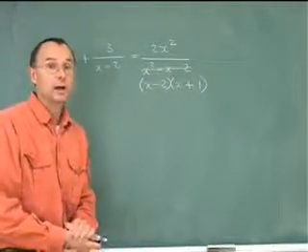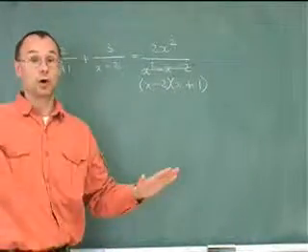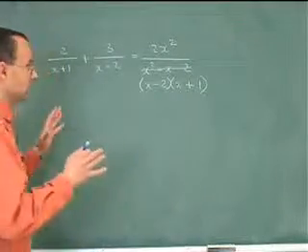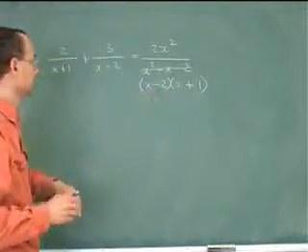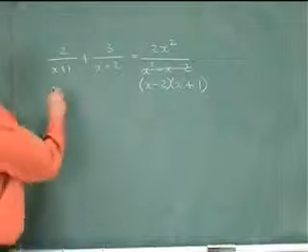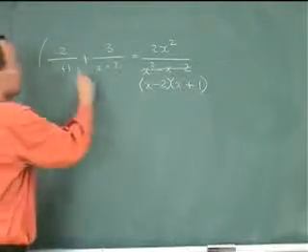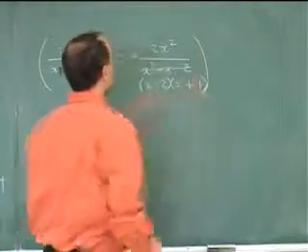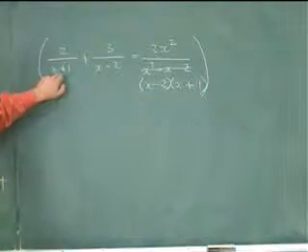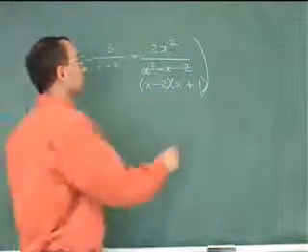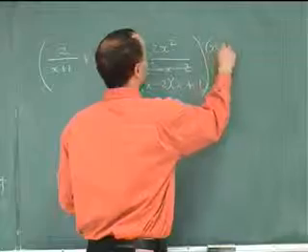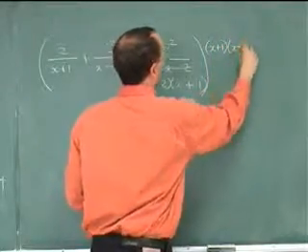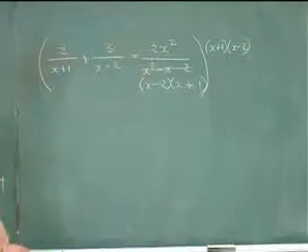Why is that helpful? Because now I want to get rid of all these fractions, and I have less work to do because of the factoring. I'm going to multiply each and every term here, this whole thing, by an x plus 1 and an x minus 2. That's what I'm going to multiply each and everything by.